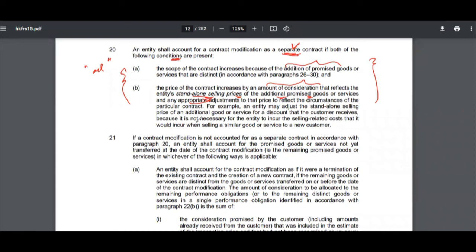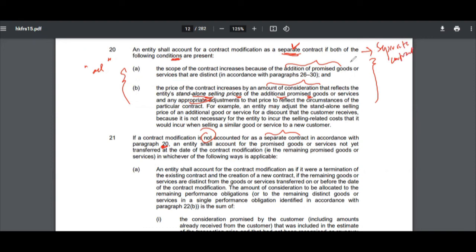Then paragraph 21 is if the contract modification is not accounted for as a separate contract in accordance with paragraph 20. This also explains what conditions apply if it is not going to be accounted for as a separate contract, right?